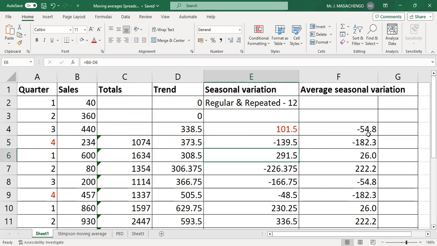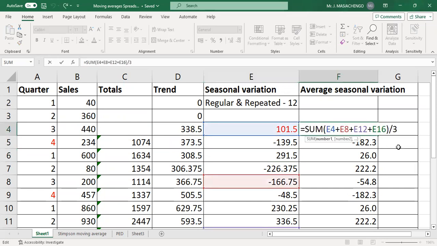Let's see how we get the average seasonal variation. This one is simple. I think you can picture from my calculations. We are in Q3. So what I did is I added the regular and repeated variation that occurs in 12 months for Q3.